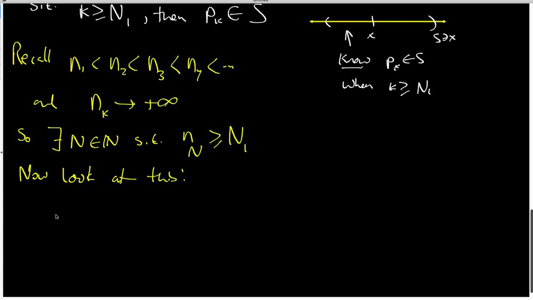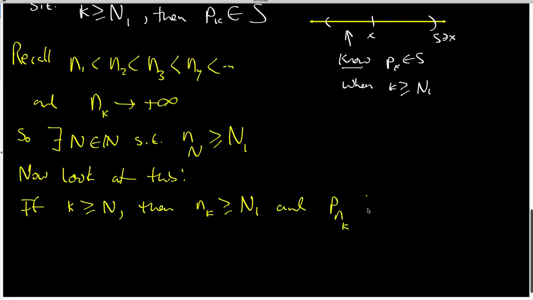And now let's look at this. When we look at this, we can say the following. If k is bigger than or equal to capital N, then n sub k is bigger than or equal to capital N1, and p_{n_k} belongs to the N1 tail of my original sequence.